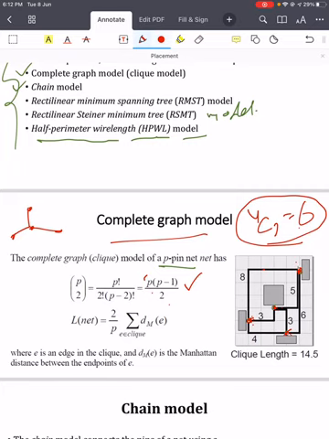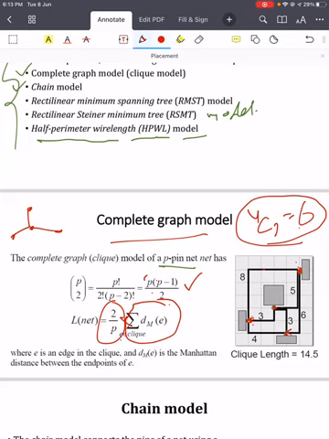So you have to find the length of all the 2-pin nets using Manhattan distance, and sum it up. Then you multiply this with the correction factor, 2 by p. Why is this required?